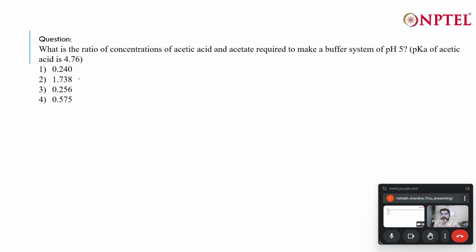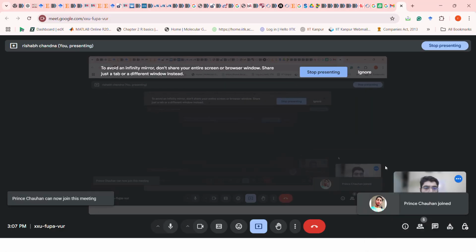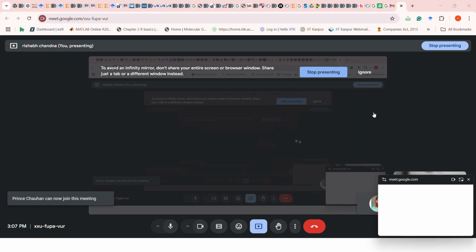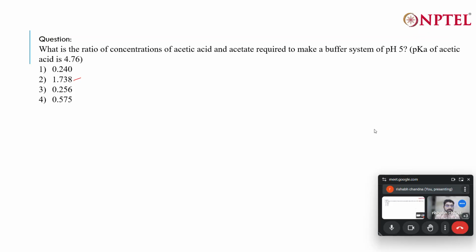Okay, so we have got the first answer. Anybody else? Okay, so the correct answer is option number 4, that is 0.575. Okay, so how will we solve this question?